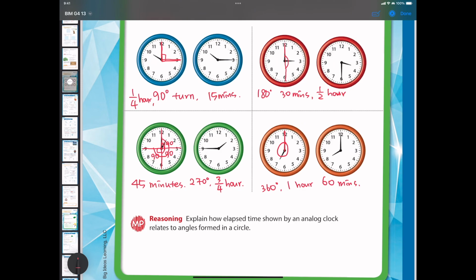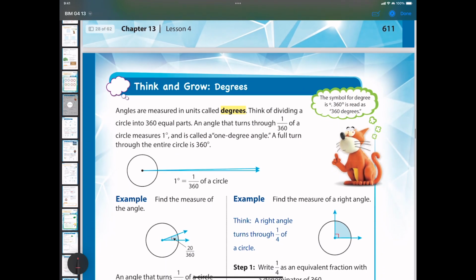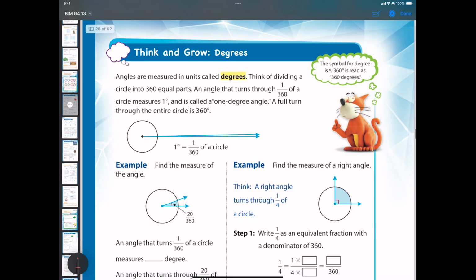So I can say that every 15 minutes, the minute hand rotates 90 degrees. If you have any other words, please let us know. You can share with us.